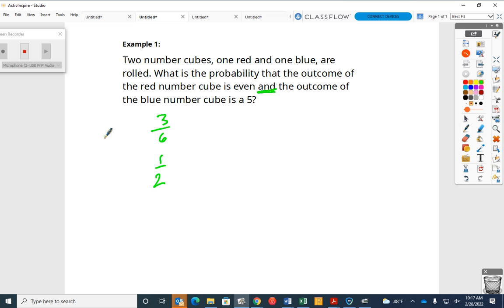This is the probability of the first event, the red even. Now the probability of the second event was to get a 5 on the blue number cube. How many 5s are there? Just 1 out of 6 possible outcomes. So this one is 1 out of 6. These are two completely different probabilities. They're independent of each other.